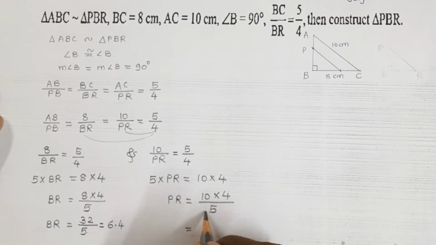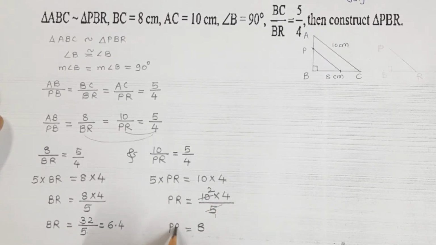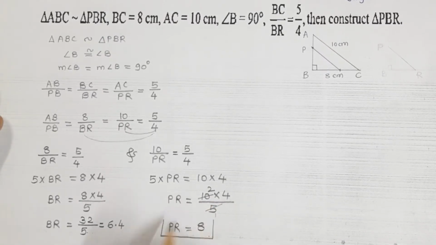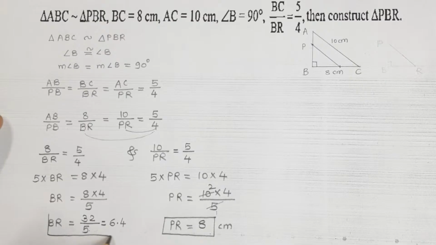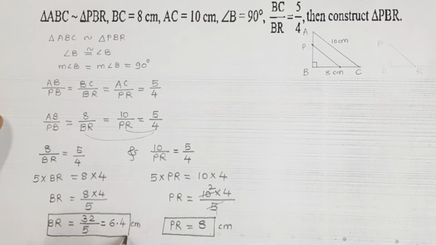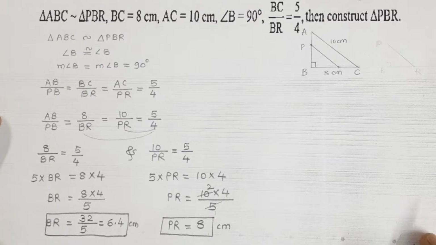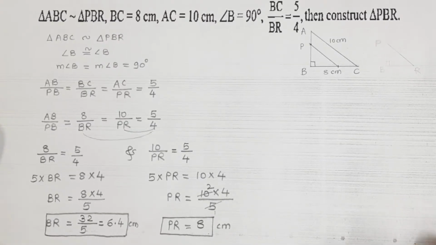So here 5 ones are 5, 5 twos are 10. So 2 multiply 4, that means 8. So here students PR is equal to 8 centimeter, and we already calculated that BR is equal to 6.4 centimeter. Okay students, and then we are ready to draw the figure.